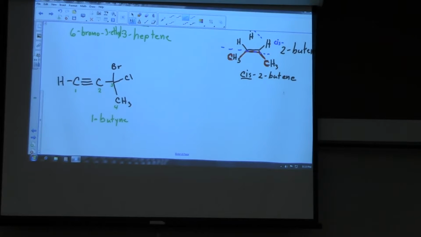What about the rest? 3 on both chloro and bromo. But how's it supposed to be laid out? 3-bromo, 3-chloro, 1-butene.